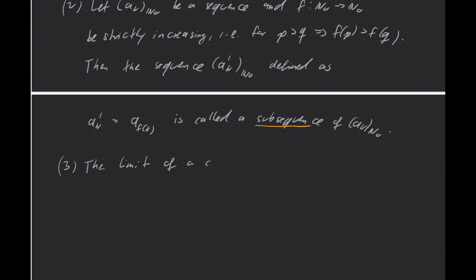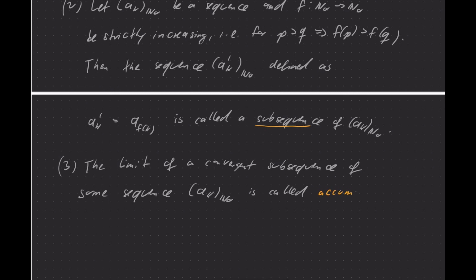The limit of a convergent subsequence of some sequence a_k is called an accumulation point of that sequence a_k.